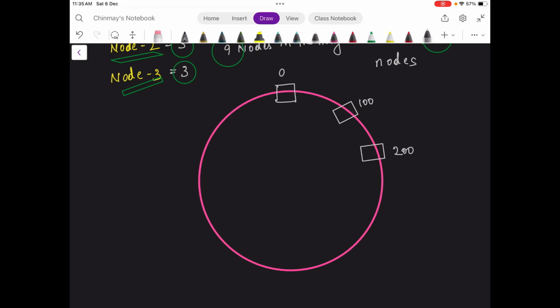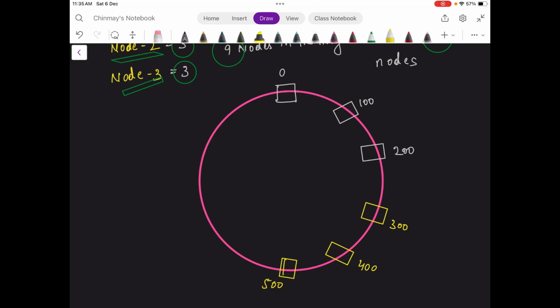Again, node 2 has 3 dummy nodes, hashed at 300, 400, and 500.